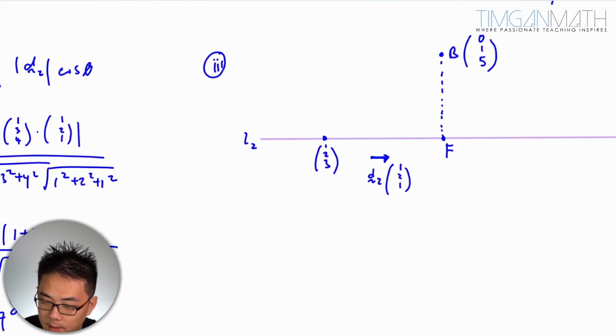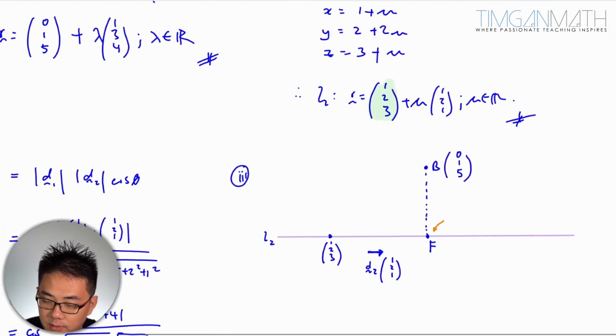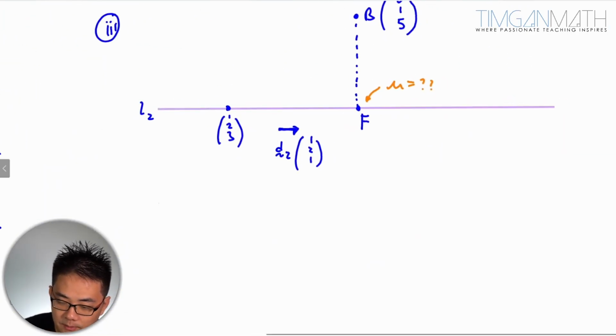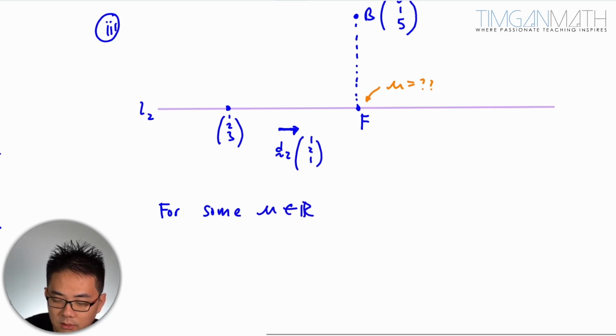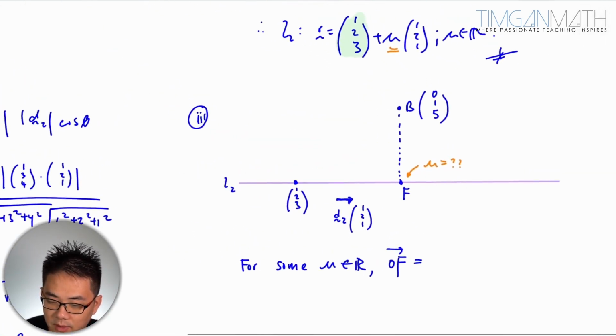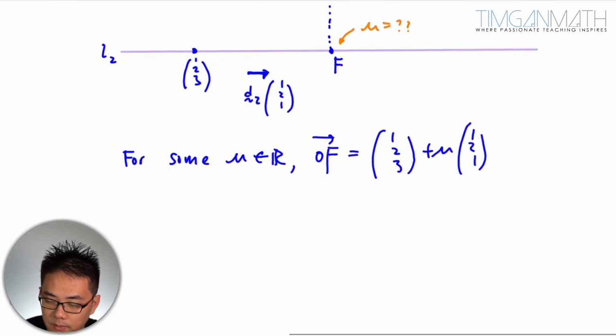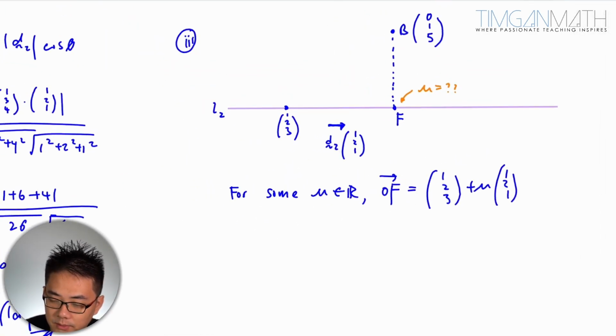Okay. So remember, what we need to find is the value of mu. Every point has a mu, which corresponds to F. So for some mu belonging to the real numbers, I know OF will satisfy the line equation: 1, 2, 3 plus mu 1, 2, 1. Then I'm going to use this 90 degrees here.